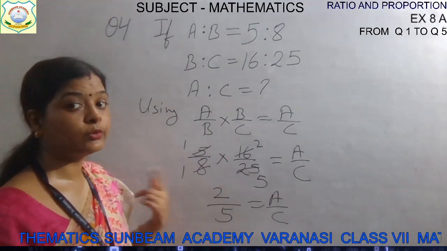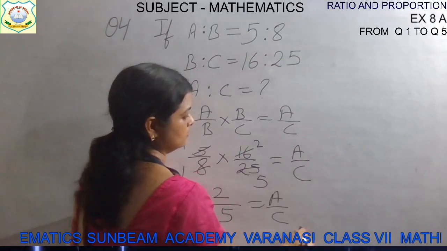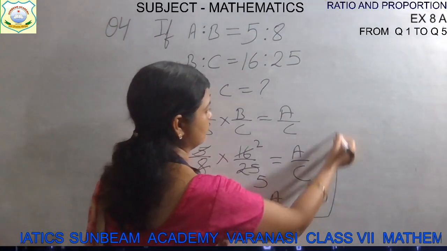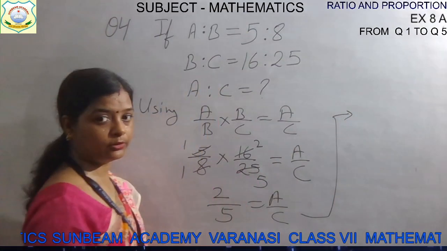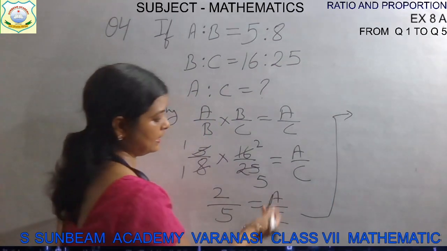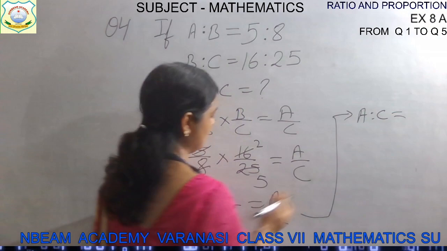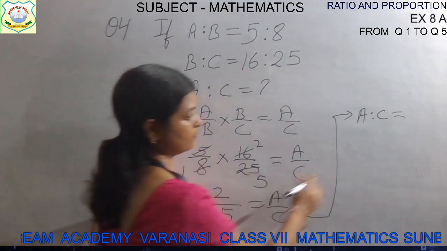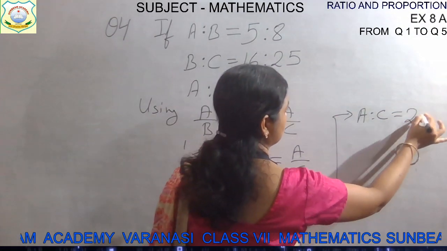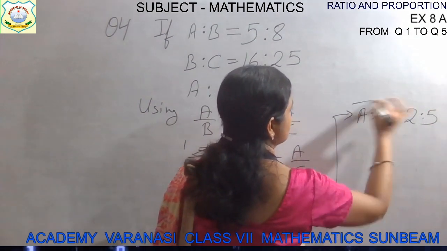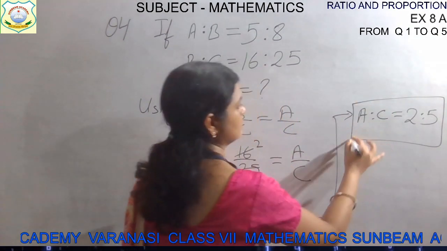Or if you write it in ratio form, A by C means A is to C is equal to how much? 2 is to 5. This is your answer.